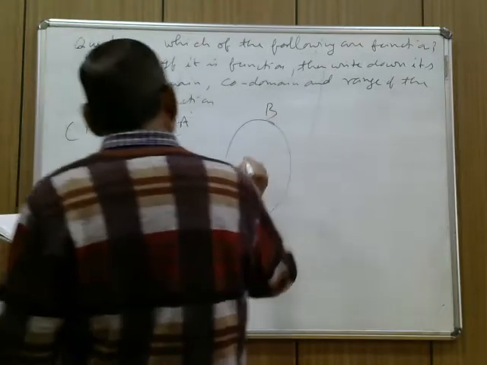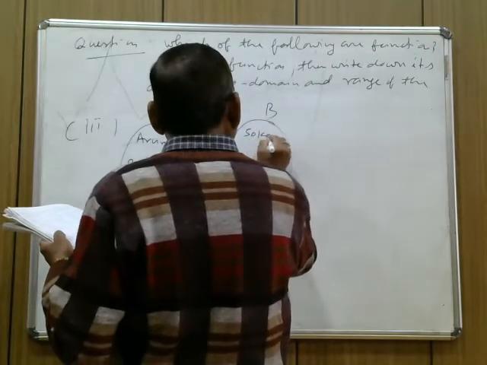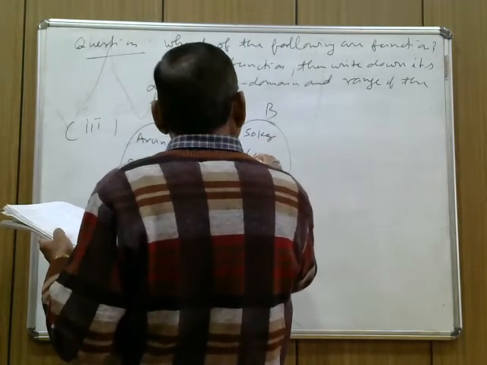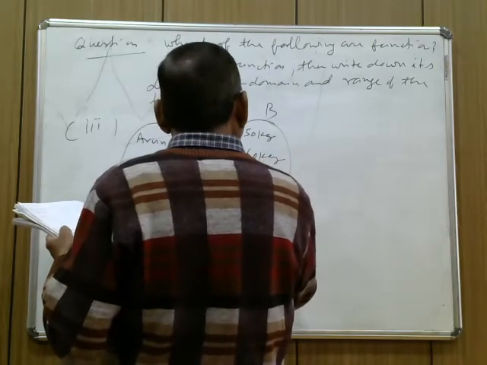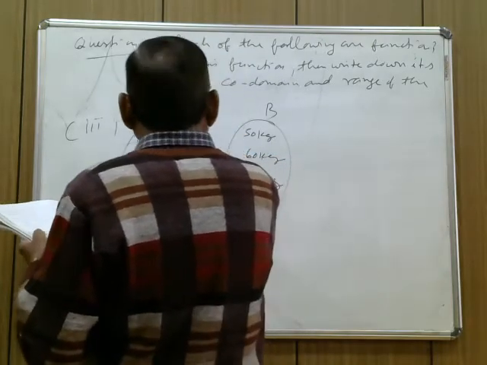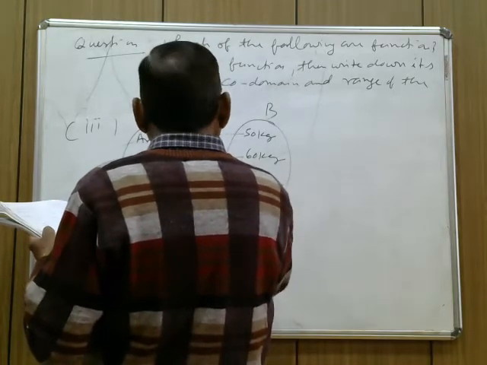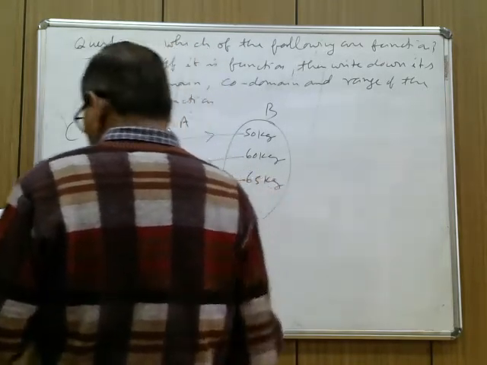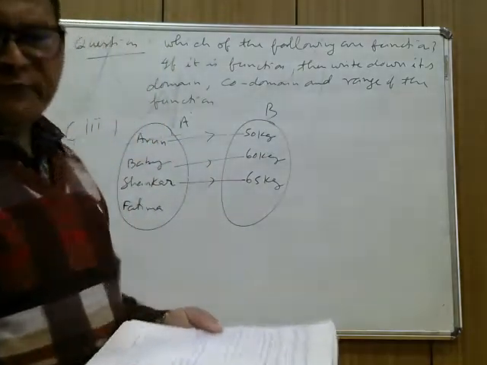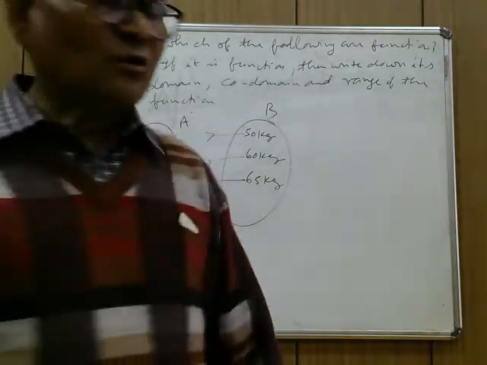B consists of 50 kg, 60 kg, and 65 kg. So here Arun is associated with this, baby this, and Shankar this. Now you have to identify whether this relation is a function or not.